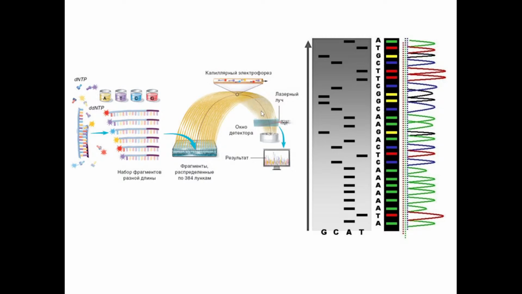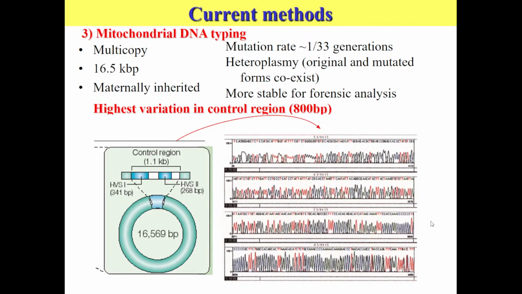With capillary electrophoresis, you can see a direct reading of the nucleotide sequence. Now you can see a real Sanger sequence.